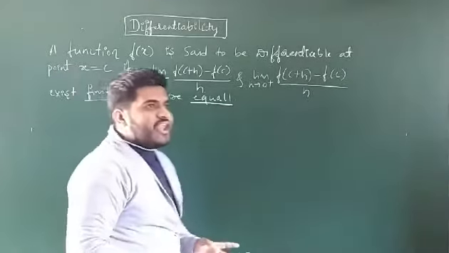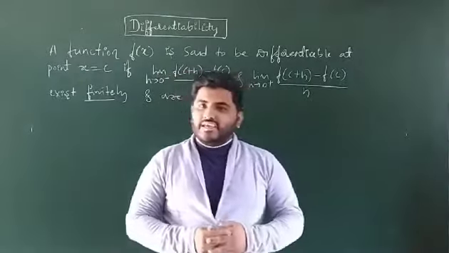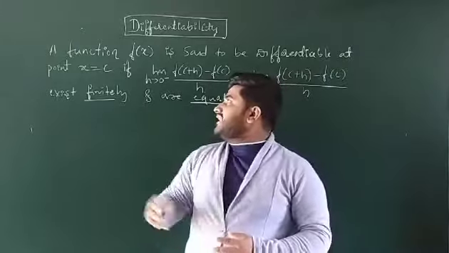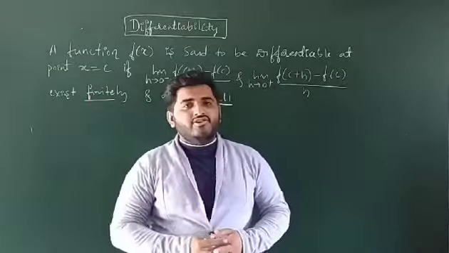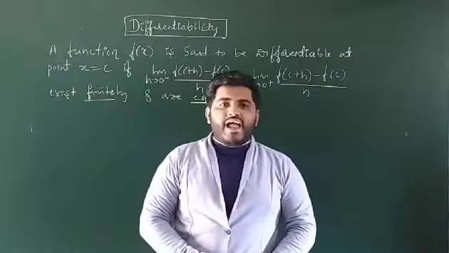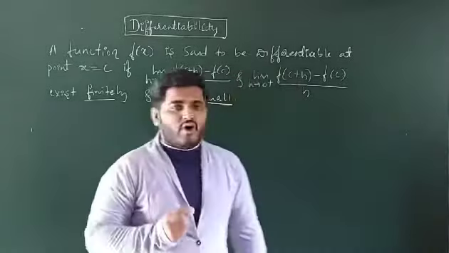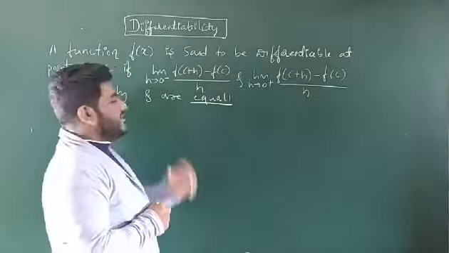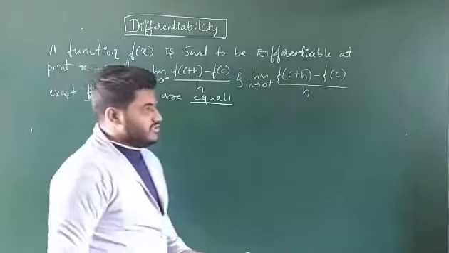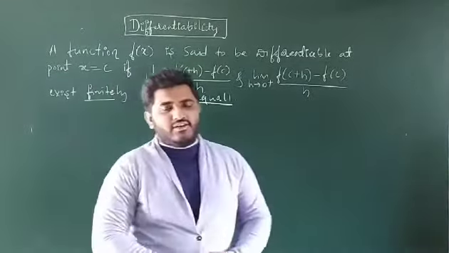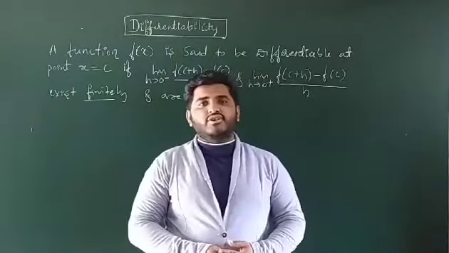So both LHL and RHL limits are equal and exist finitely. Then we can say the function f of x is differentiable at x equal to c. C is any point and h is a very small number, nearly equal to 0. Okay, so this is the definition of differentiability.